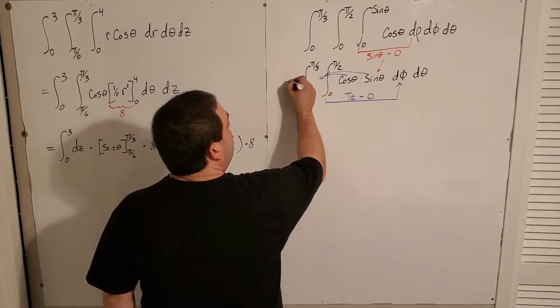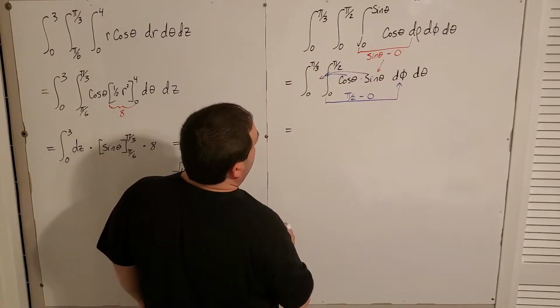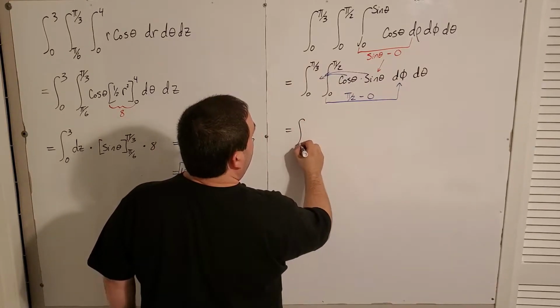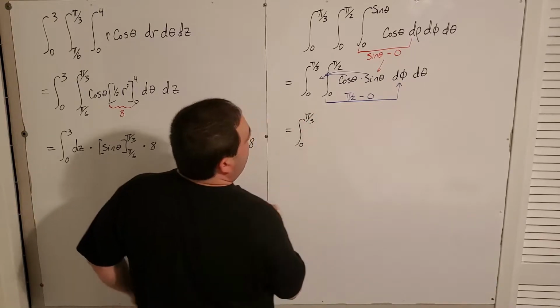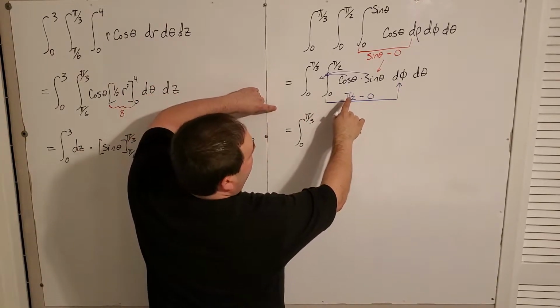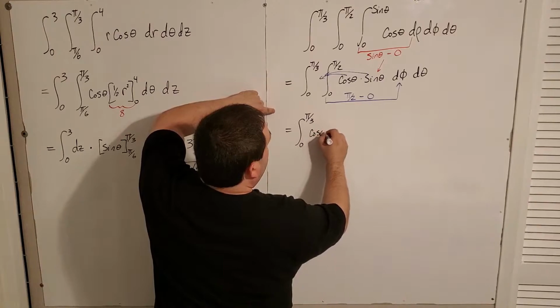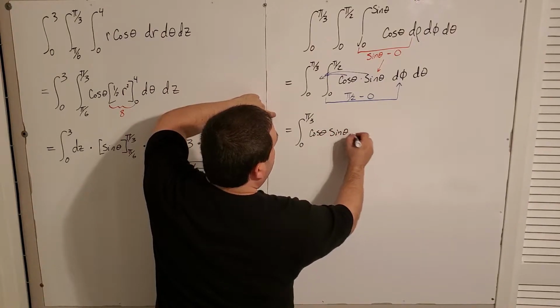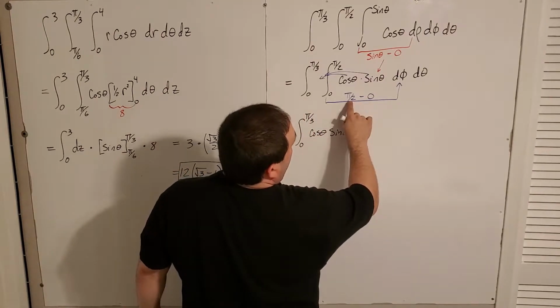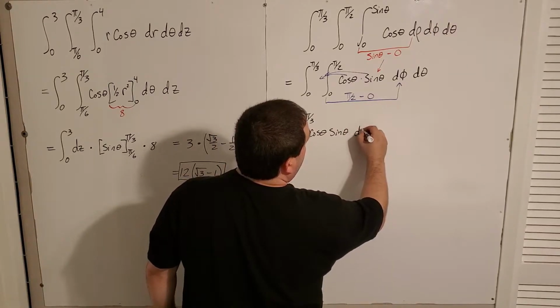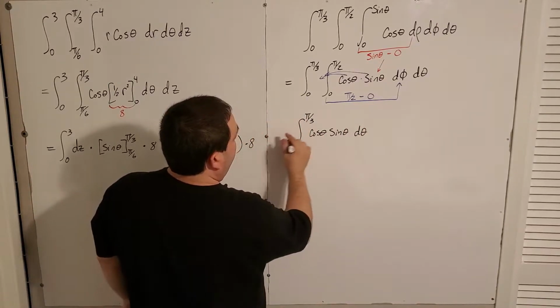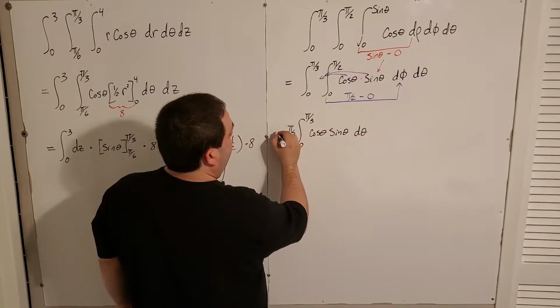So then let's see, this is equal to the integral from 0 to pi over 3, right? I've got the cosine theta, sine theta, and then it's times pi over 2. I'll just put that out front here to get it out of the way, times pi over 2.